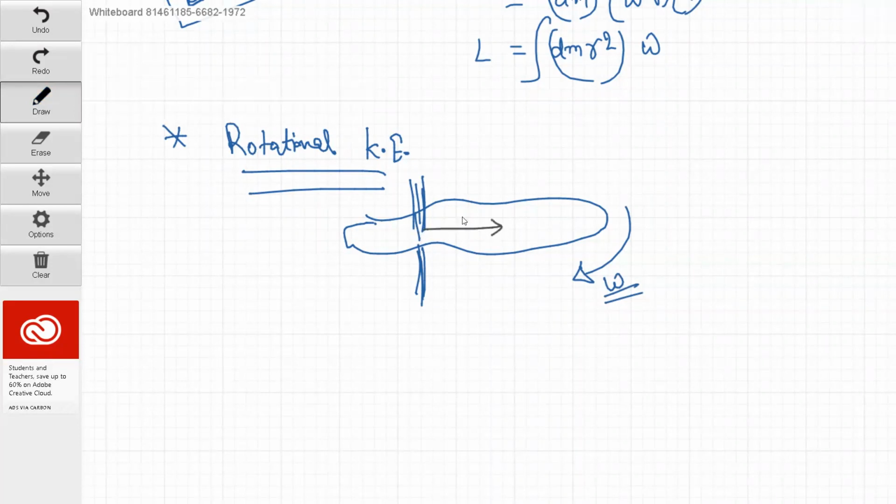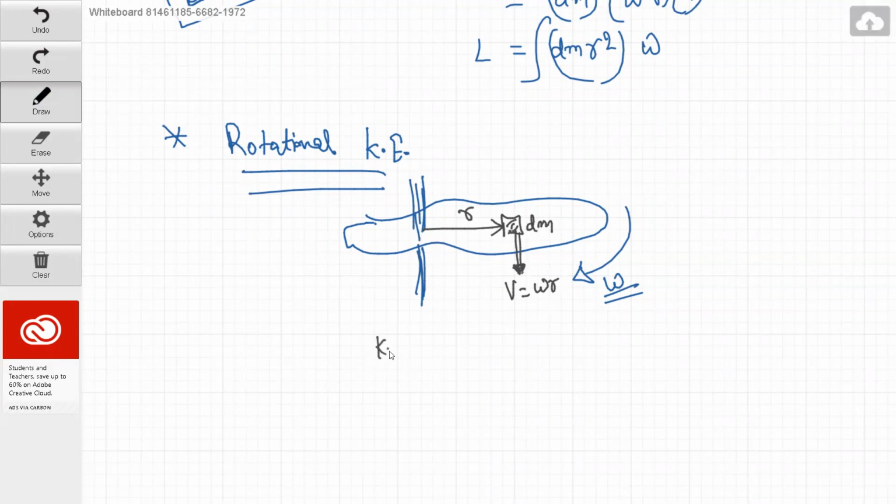Suppose at r distance you are taking a thickness of dm. What will be the velocity of this dm thickness? That will be in this direction, and that velocity will be equal to omega r. Is this okay?